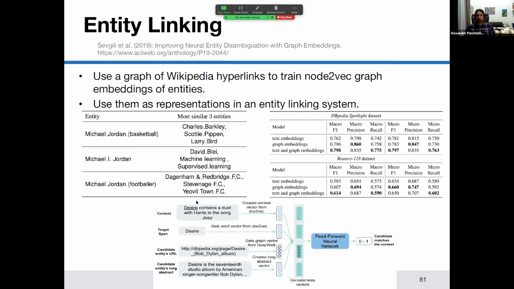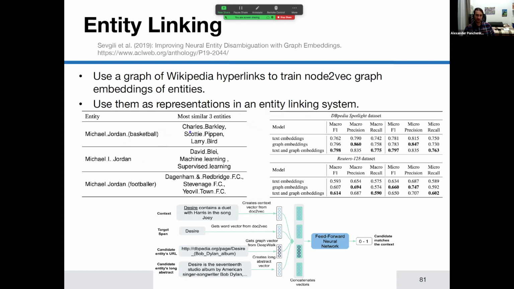The state-of-the-art approaches to solve this task rely on some kind of text embeddings and an end-to-end LSTM-based system where the text is encoded, the context is encoded, and then disambiguation of these three candidates is performed.